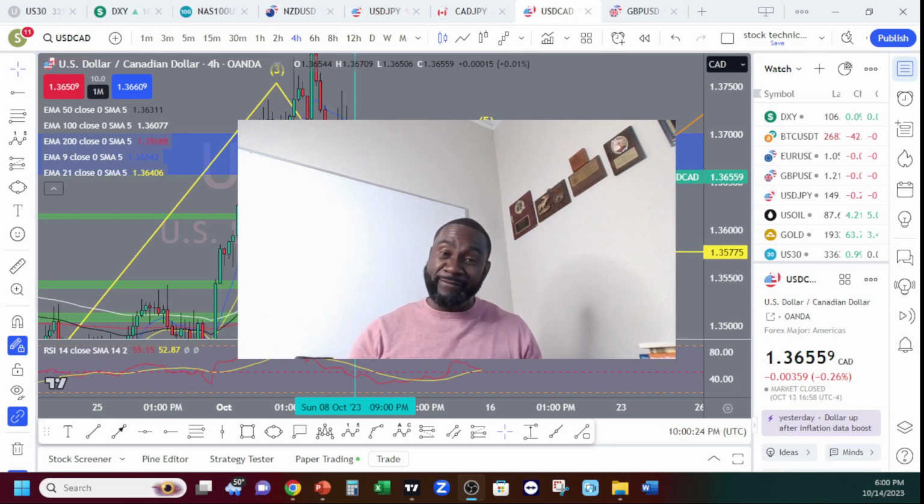But if you can do your analysis, you know your levels, you know the trend, you know when to enter the market, you know the candlestick confirmation, and when to take profit, then there is a great probability for you to make money. But it's going to be up to you to know when to get in and when to get out.